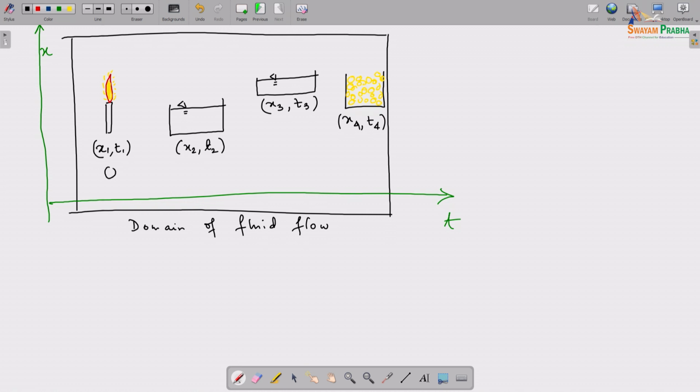So, this is O, this is A, this is B, and this is C. And let us just say the temperature, which I am going to write with capital T, is T1, T2, T3, T4 at these locations. I have this temperature at these locations. Okay.